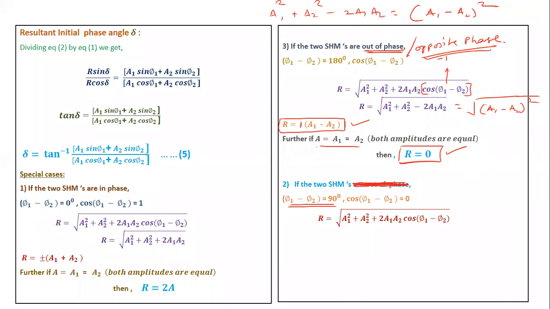Then after substitution, if we substitute this as 0, then 0 into this, everything gets cancelled. So in the square root, we get A1 square plus A2 square.